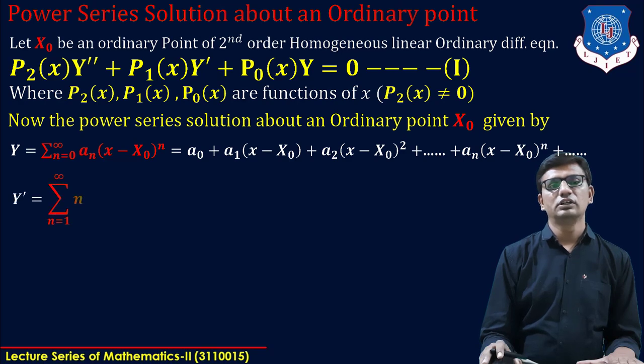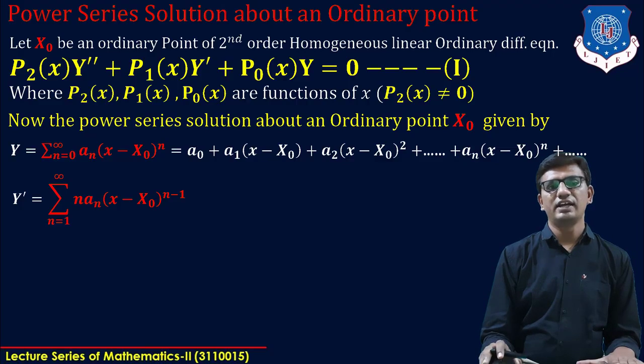First of all, y' = sigma n = 1 to infinity n a_n (x − x0)^(n−1). Here we start the series from n = 1 because if we take n = 0, then the first term will be 0 in this series.